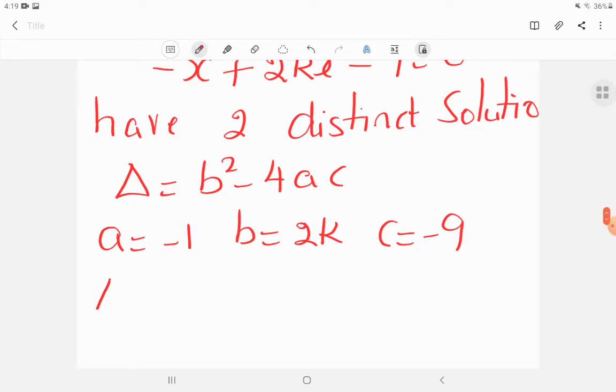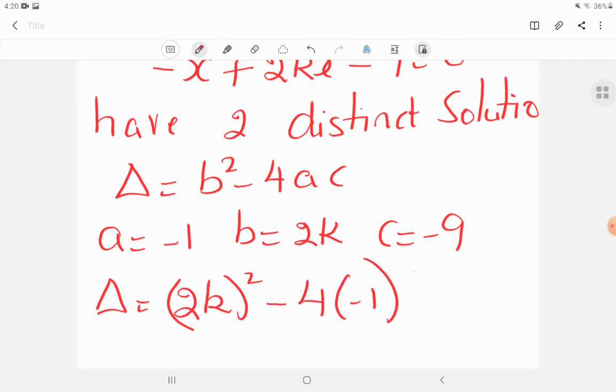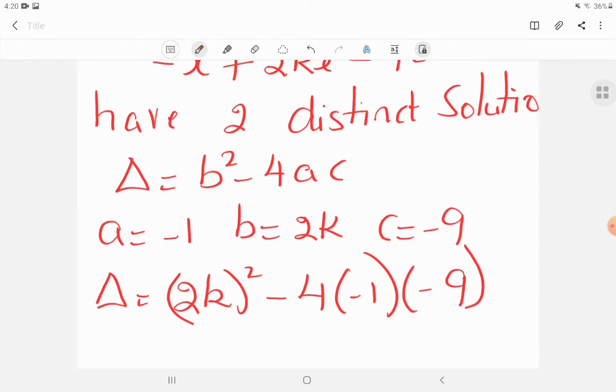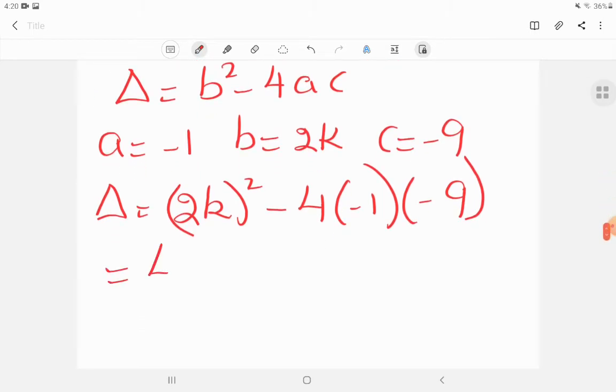So we substitute into the formula. Delta is equal to 2k the whole square minus 4 times -1 times -9. So you get 4k square, minus times minus is plus, plus times minus will give you minus. So you get 4k square minus 36.